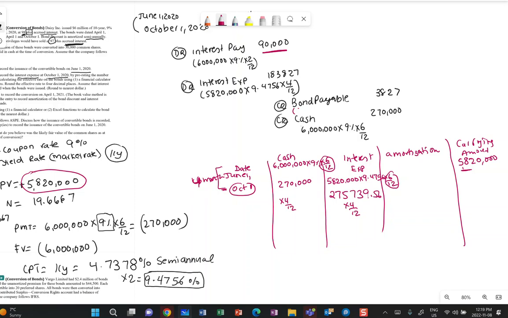The following payments will be for the 6 months. So it's 4 months out of the 6.